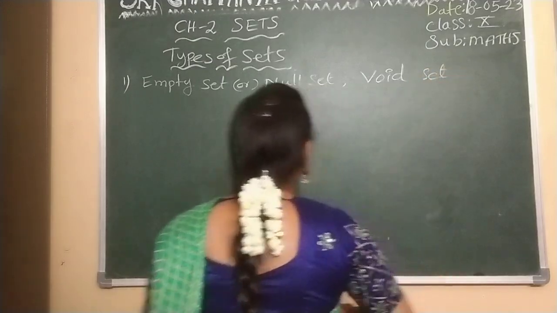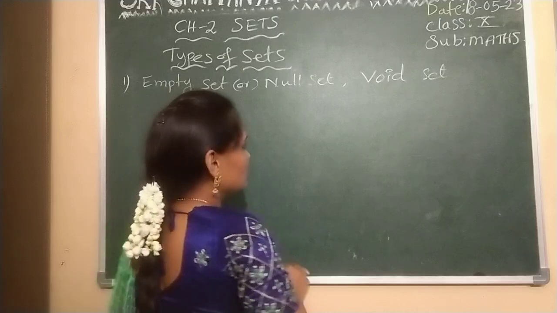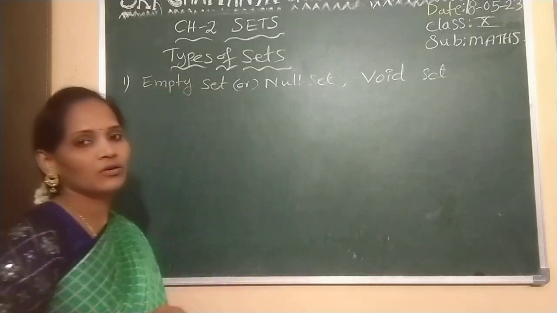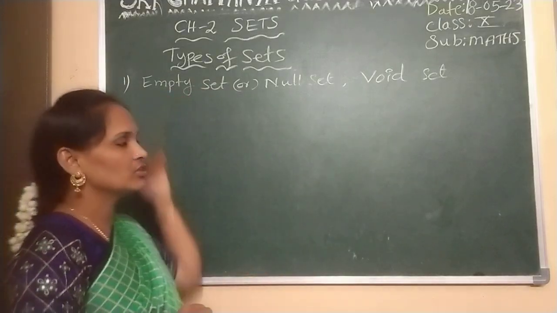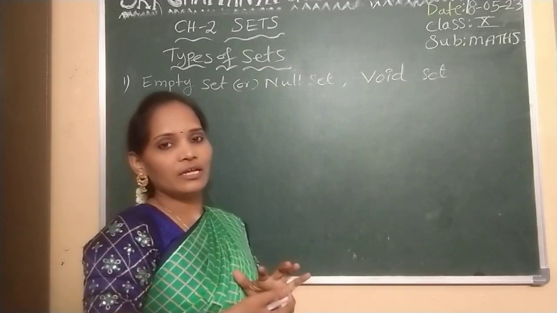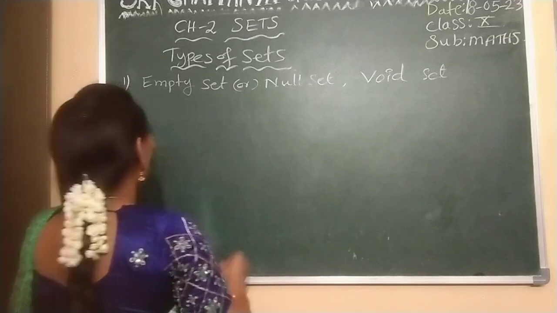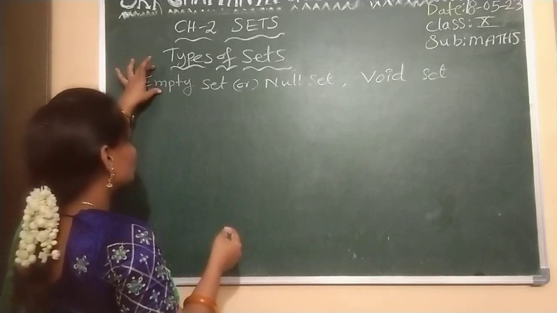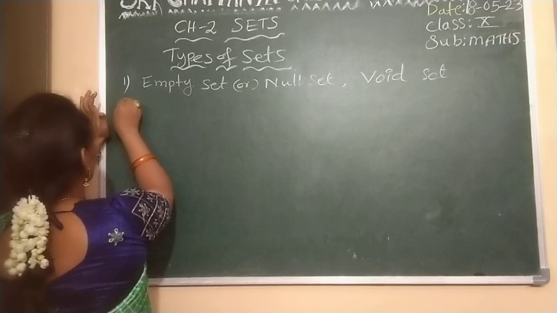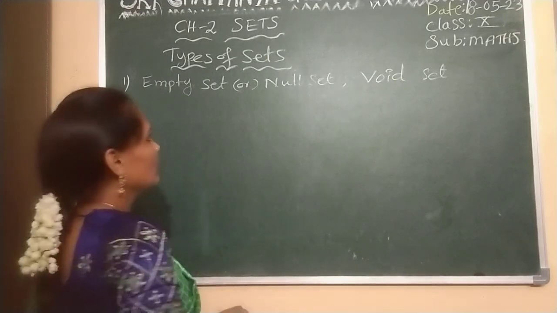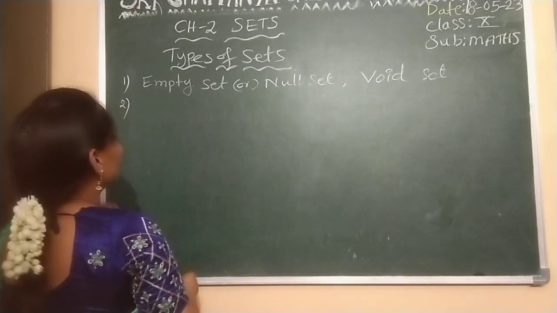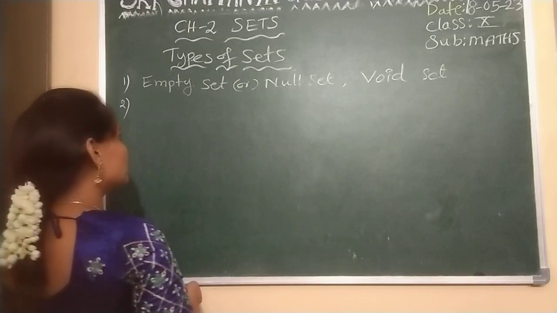So these are the names of the null set, empty set. Empty set, empty, within the name only there. There are no elements in the set, that is empty. When I am explaining this definition, I will explain. Let me write just the names of the types only. Empty set, null set, void set.